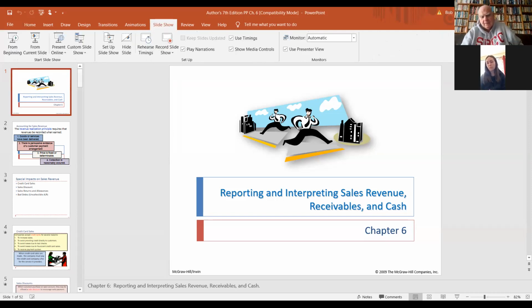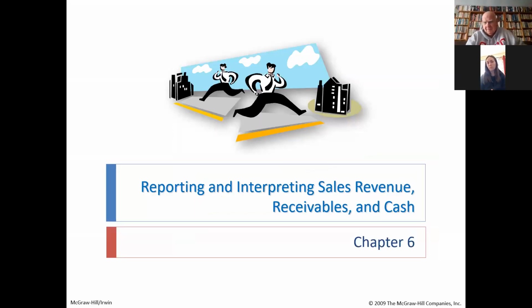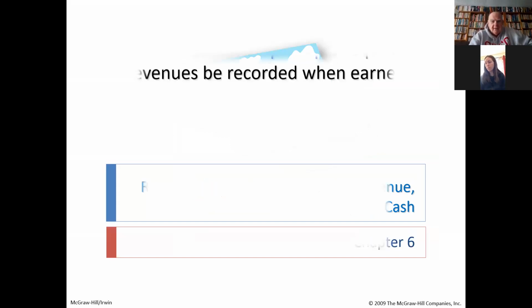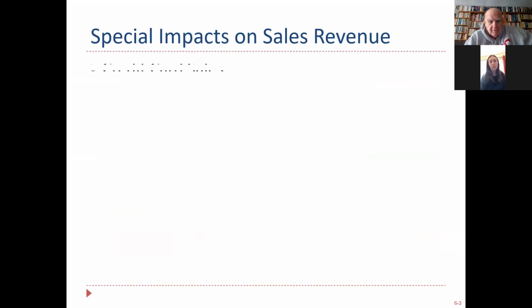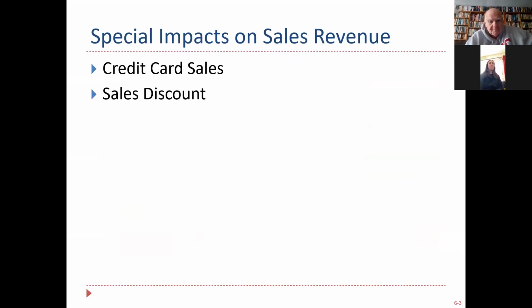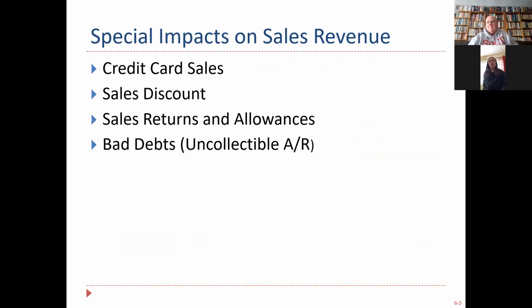Okay. All right, chapter 6. I'm just going to highlight things, okay? And here we go. Okay. What do we have here of great interest, okay? We have the contra revenue accounts, right? You never debit sales. Never debit sales. But we have to reduce the gross sales via these contra sales accounts.